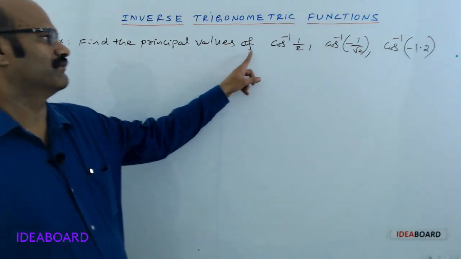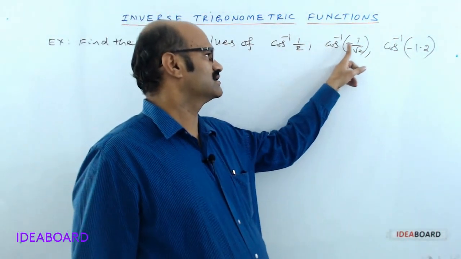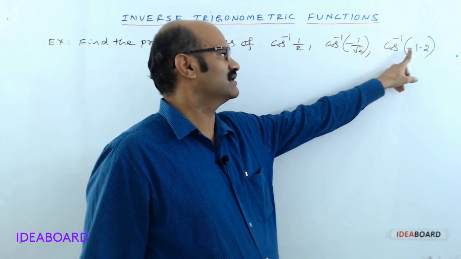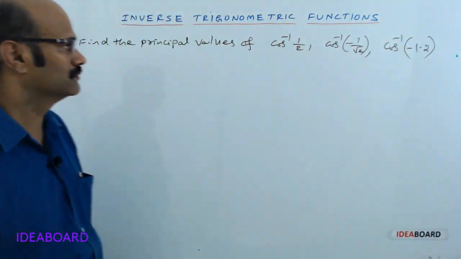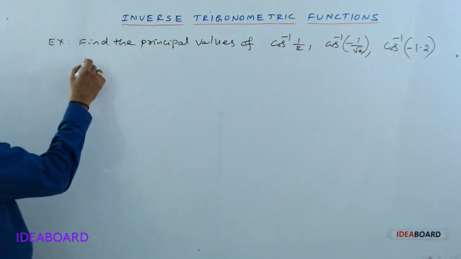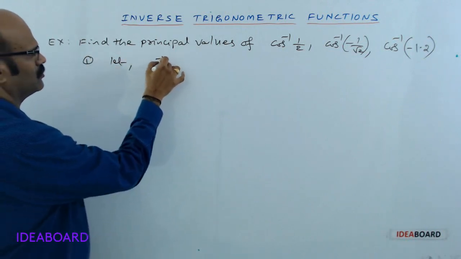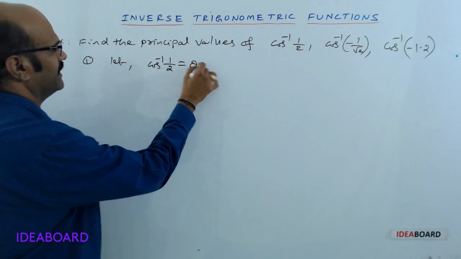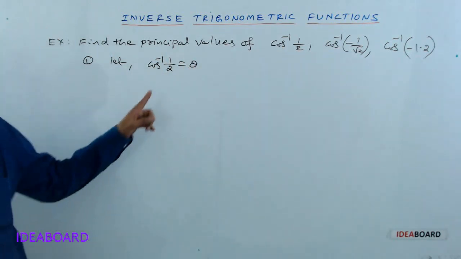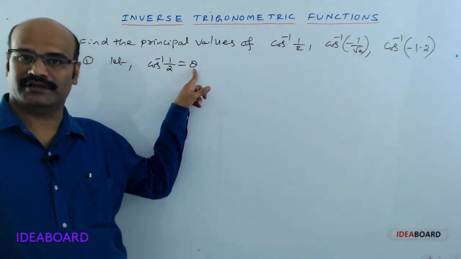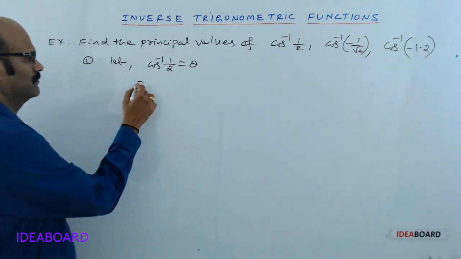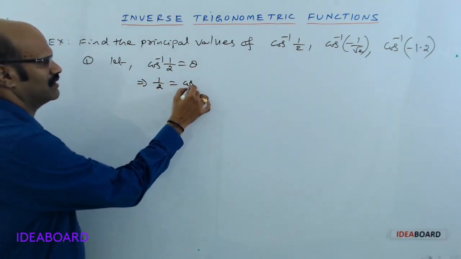Find the principal values of cos inverse of 1 by 2, cos inverse of minus 1 by root 2, cos inverse of minus 1.2. First one, let cos inverse of 1 by 2 equal to theta. Now we have to find theta value here. So take 1 by 2 equal to cos theta.